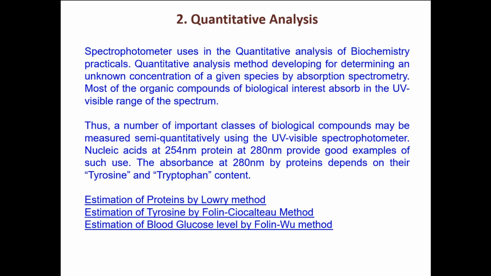NADH absorbs radiation in the UV range at 340 nanometers. So I want to see which compound shows characteristic absorption in the UV or visible region. The visible region is linked to the intensity of color, whereas in the UV region you should think about which compound essentially absorbs UV light. In this reaction, only NADH will absorb light at 340 nanometers.